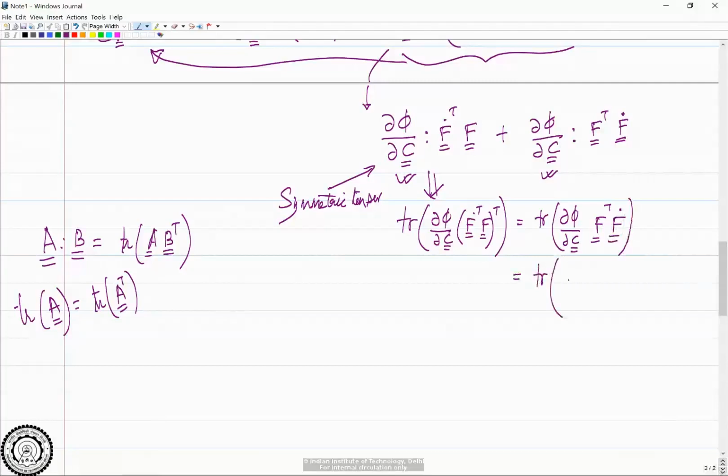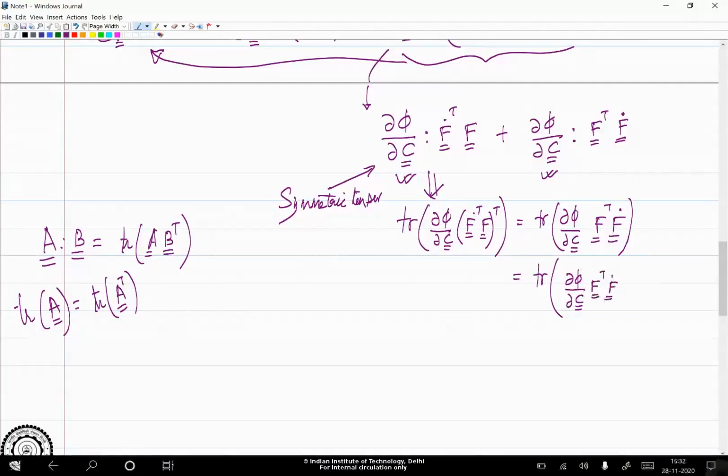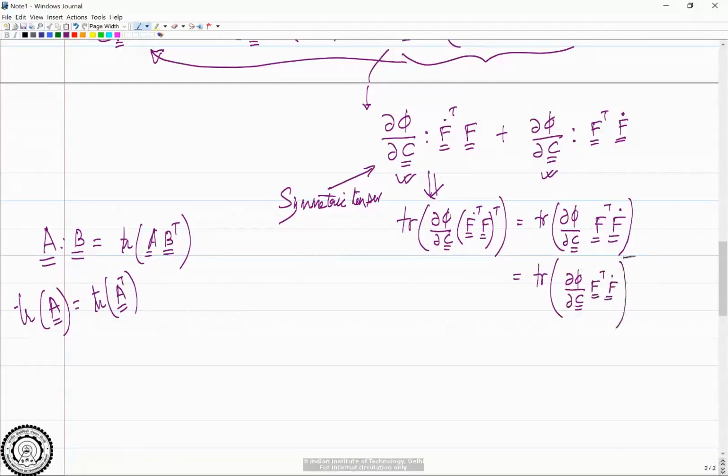So the transpose of the thing inside the bracket, which is del phi over del C F transpose F dot, and the whole thing transposed. That's then trace of F dot transpose into F into del phi over del C transpose, right?